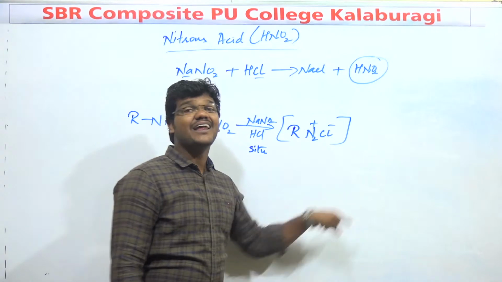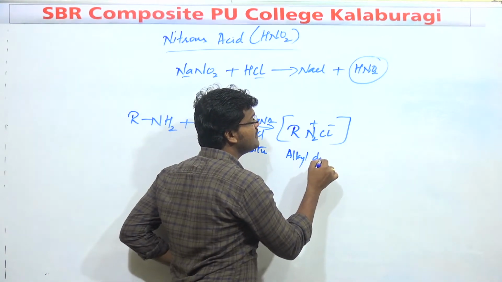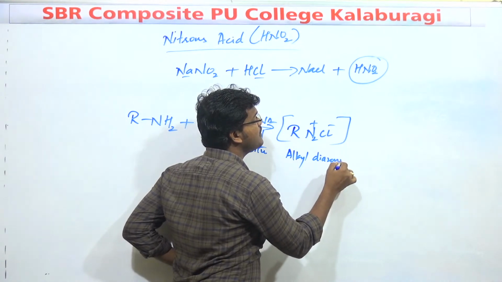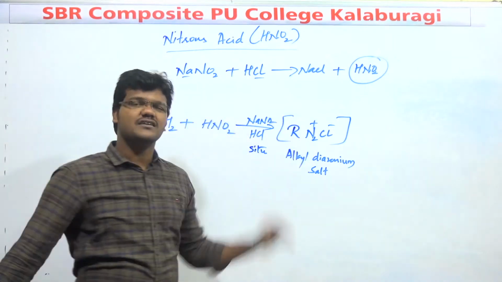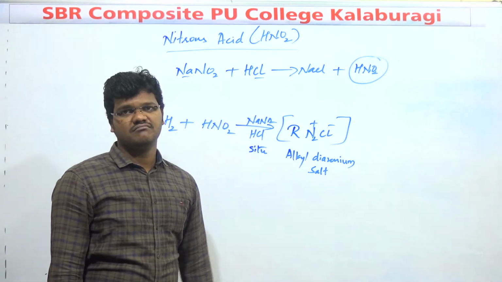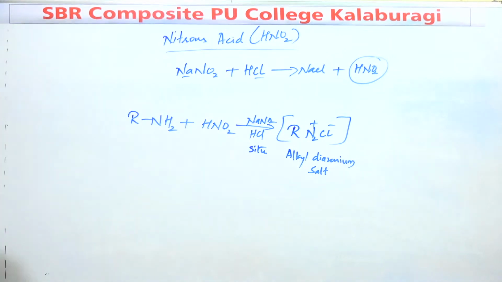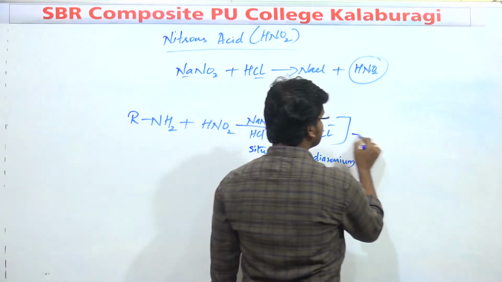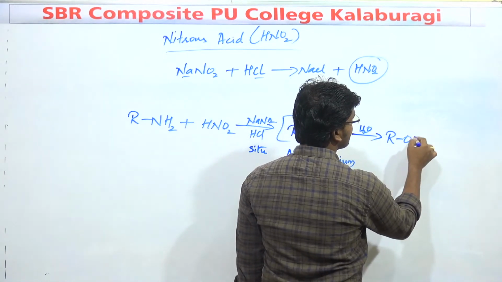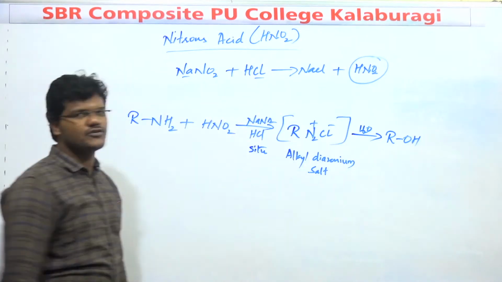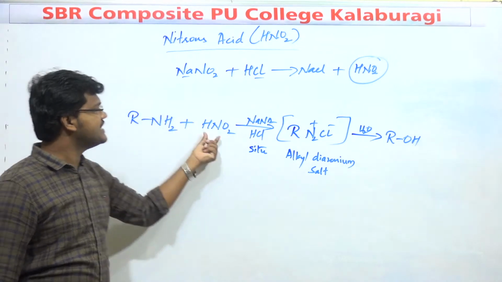But this alkyl diazonium salt is very unstable, and that is why on hydrolysis it is readily converted into alcohols. And in this manner, amines will react with what?